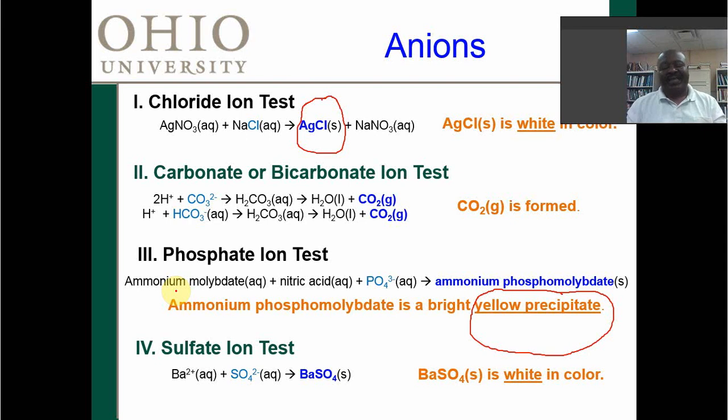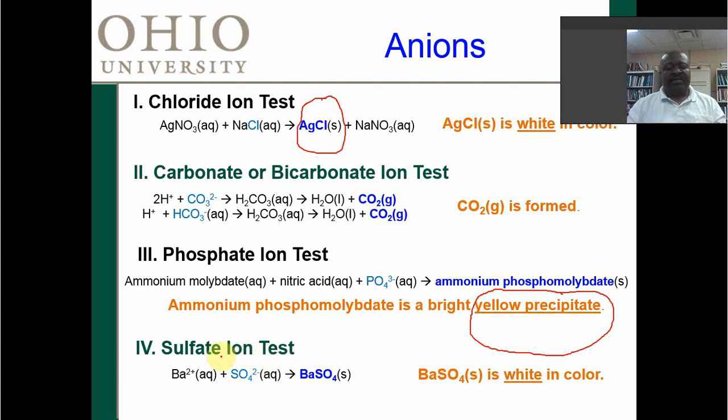And here I've decided I won't give you the formula for that. It's some complex thing. And nitric acid, we know that that's HNO3. And if there's a phosphate, PO4 3-, then you get a yellow precipitate.